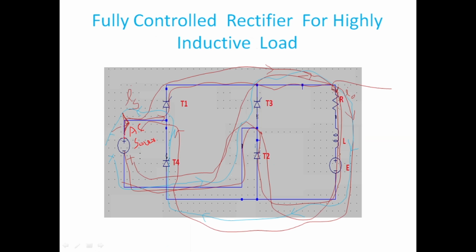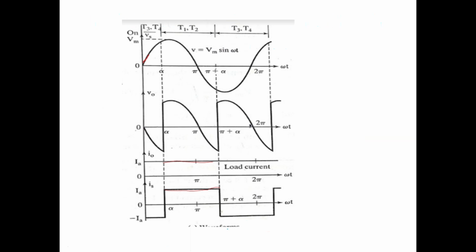If you compare this arrow and this arrow, we have measured the IS with respect to this arrow. The actual current which is flowing in the negative half cycle is opposite to this arrow. That's the reason I show this load current in this way.